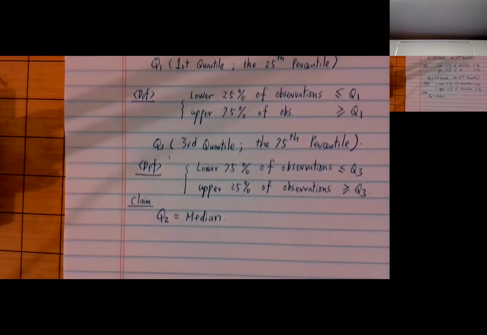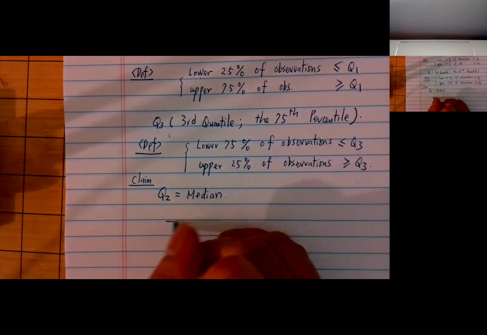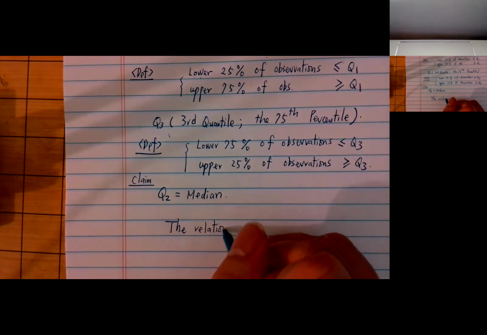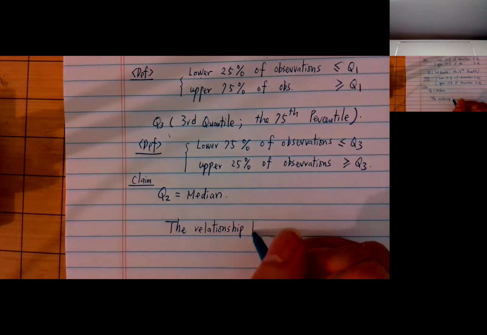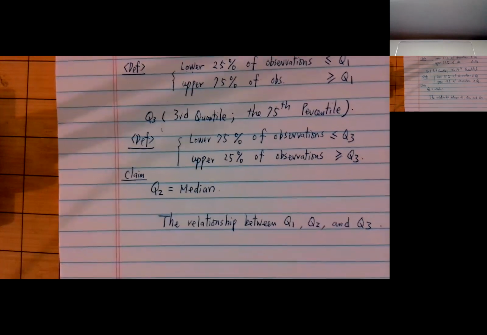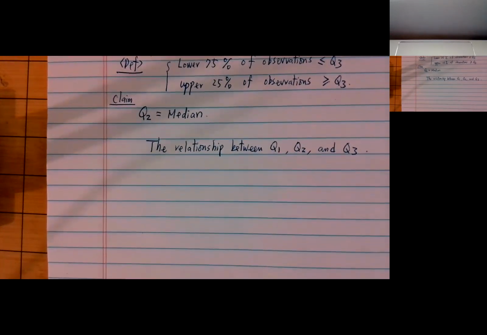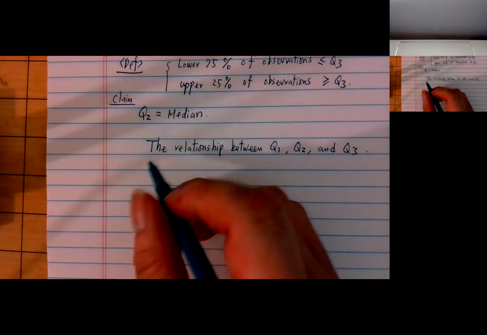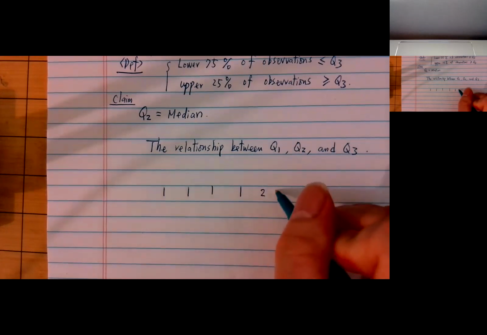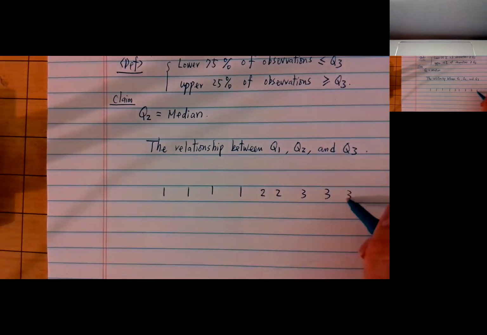Okay, so what is the relationship between Q1, Q2, and Q3? Let's begin with an example, right? We use X list: 1, 1, 1, 1, 2, 2, 3, 3, 3, 5, 7, and 19.